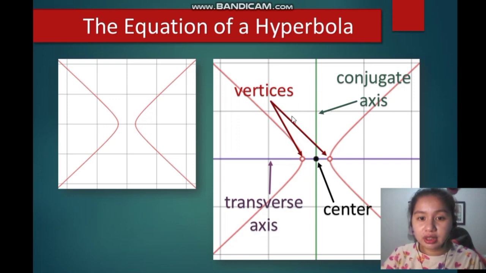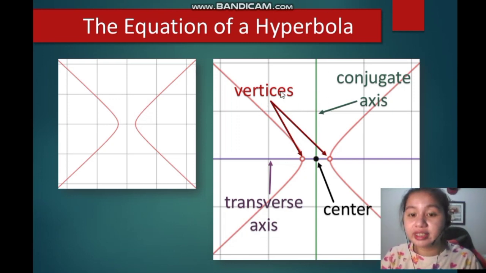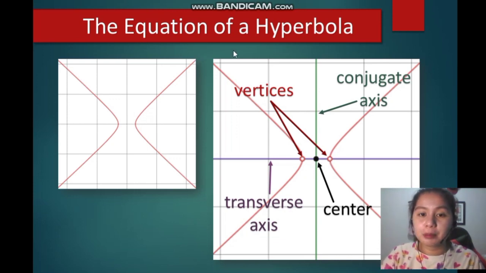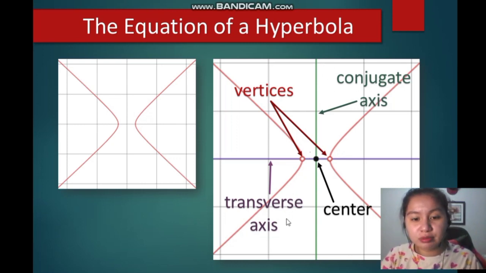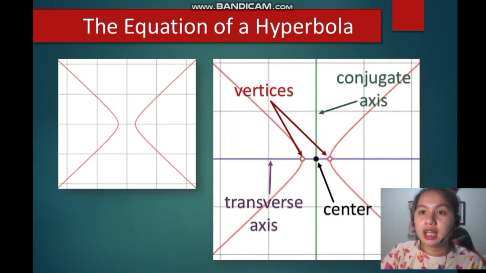And then, another is we have vertices, or vertex. This one and this one are the vertices of the hyperbola. And then we have the conjugate axis and then the transverse axis. Again, si conjugate axis at transverse axis, parang si ellipse, nagbabago si major axis and si minor axis.